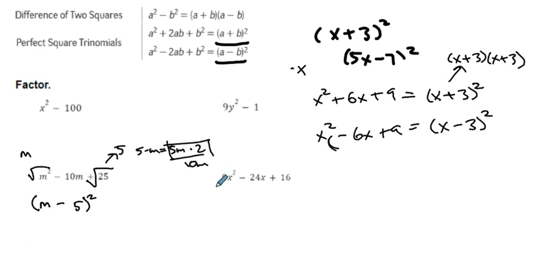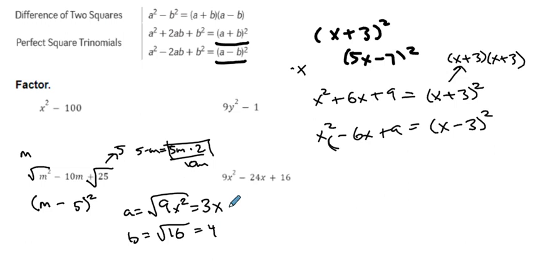Now this one looks a little more confusing, but once you break it down, it's really not that bad. If we take 9x squared and take the square root of that, we get 3 from the 9, and the square root of x squared is just x. So 3x is going to be my a, and b is going to be the square root of 16, which is 4.